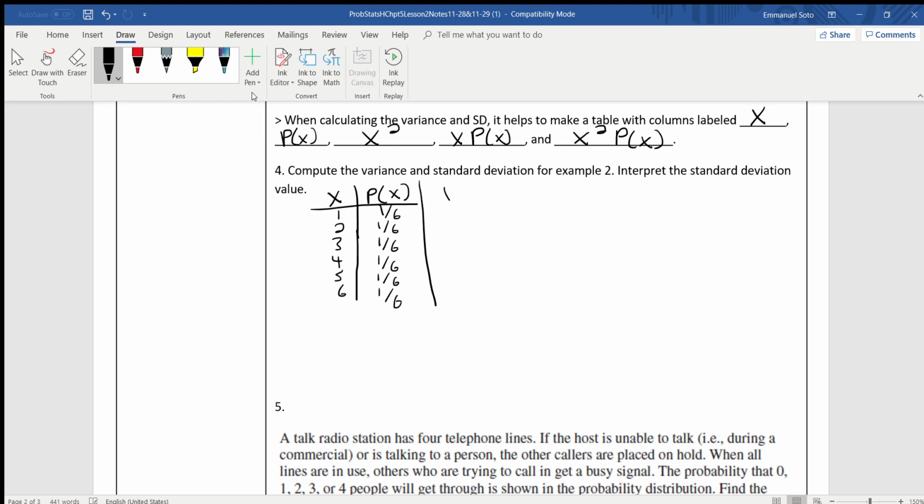Then we do our x squared: 1 squared is 1, 2 squared is 4, 3 squared is 9, 4 squared is 16, 5 squared is 25, 6 squared is 36.